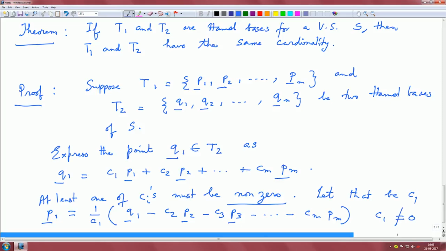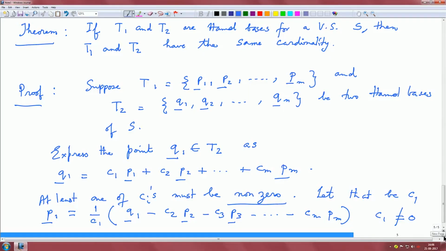Basically, we are rearranging this in a different form. Okay. So, we pick a point Q1 belonging to T2, express it in this form, and at least one of the Ci's must be non-zero, and let that be this element C1, and then P1 is rewritten in this form, just rearranging this equation slightly differently.